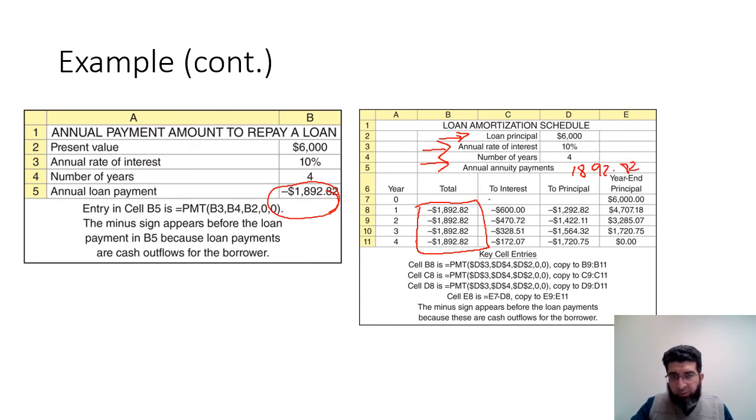Then interest is computed based on the remaining principal balance at 10%. Principal is calculated when interest is subtracted from the total payment, and you get what is remaining, so end of year principal is calculated, which becomes the beginning of year balance. These are the computations you can do, and it's much easier in Excel. However, the concept is the same everywhere.